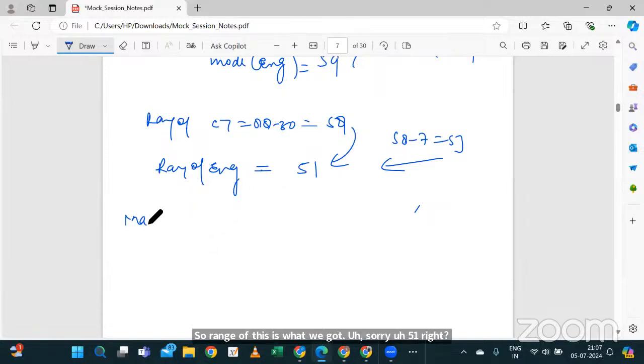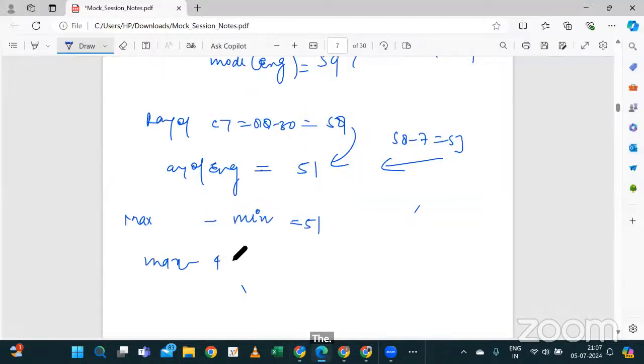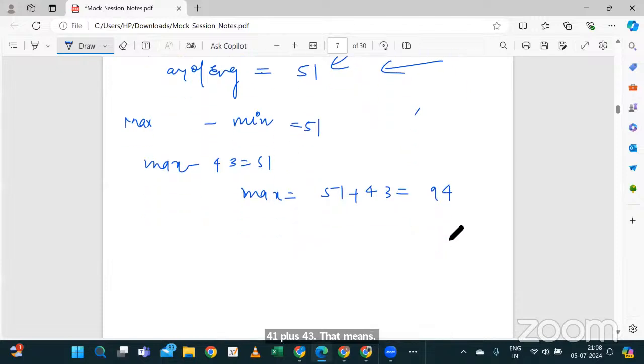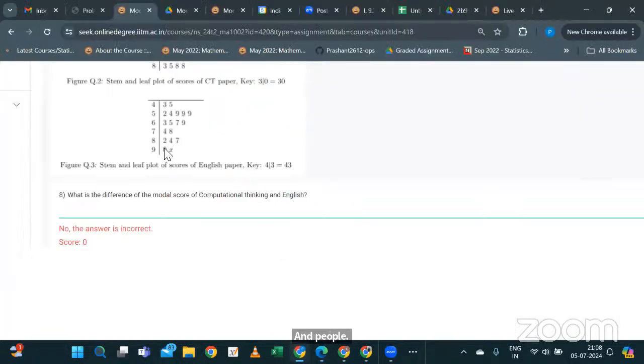Max minus minimum will be 51. We don't know the maximum, and the minimum in English is 43. So the maximum will be 51 plus 43, that means 94. Based on this, X is 4, so the value will be 94.